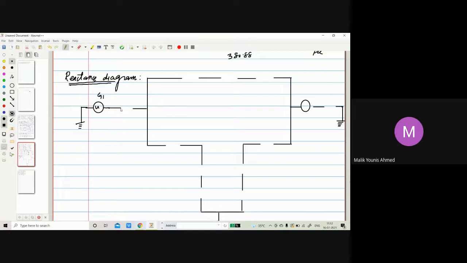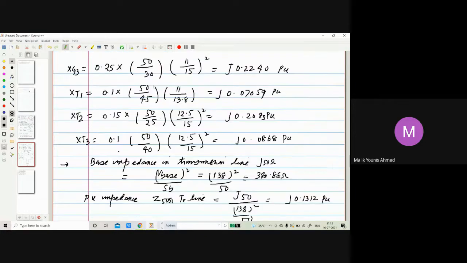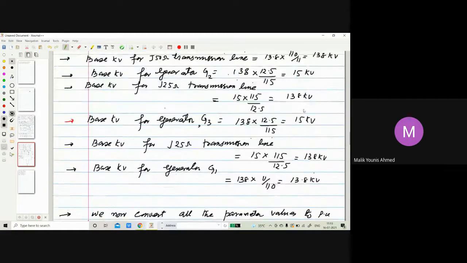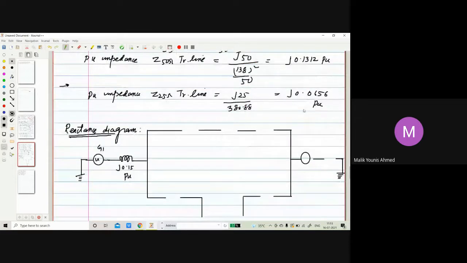So this is the reactance. What was the reactance of the first? That was J1.5 per unit. You have to write the reactance of generator 1. Second, in the diagram, first it's transformer T1, then the transmission line reactance, and finally transformer T2. Transformer T1 reactance will be J0.0759 per unit.